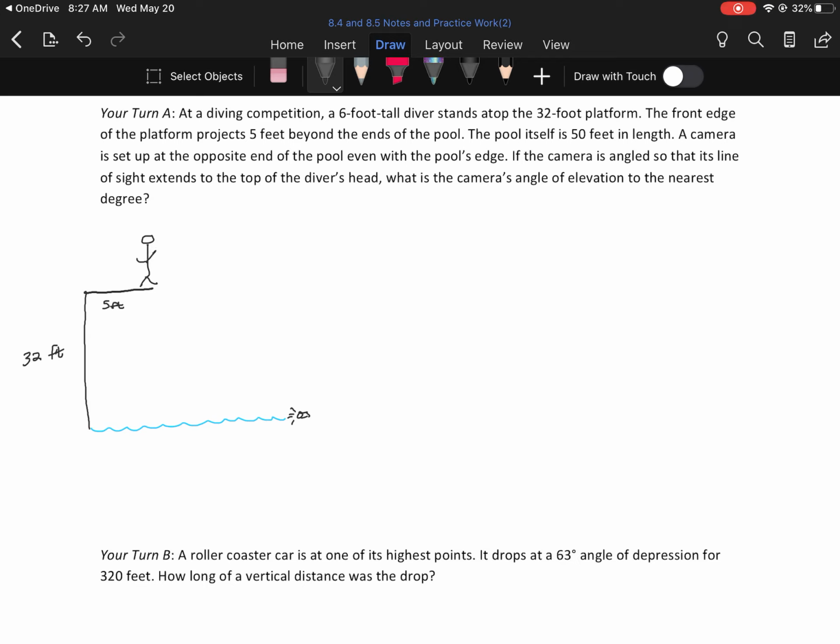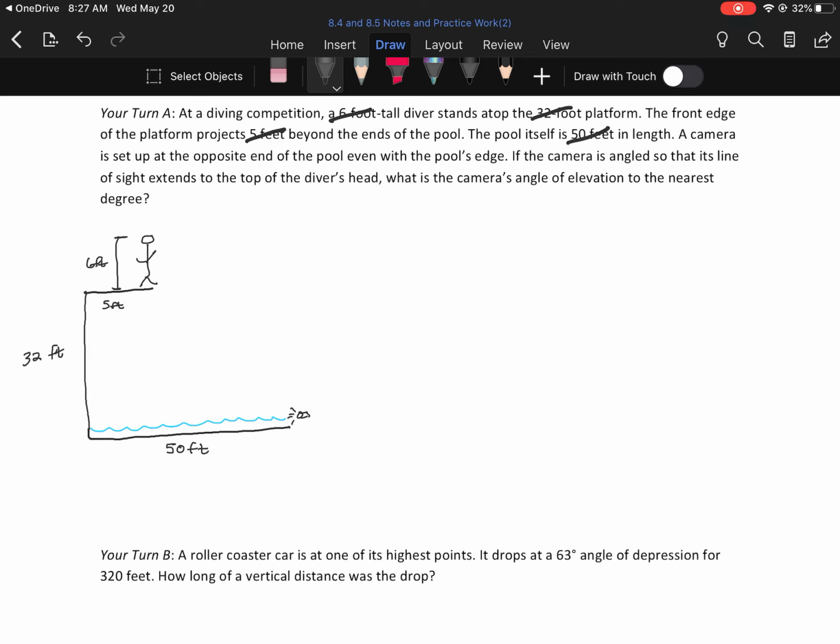Don't worry, my proportions here with my 6-foot tall diver and my 32-foot platform, they're not very accurate. All right, and I think the last thing they gave us, the pool itself, is 50 feet long. So this is a total of 50 feet. So I did the 6-foot tall diver, the 32, the front edge of the platform projects 5 feet.